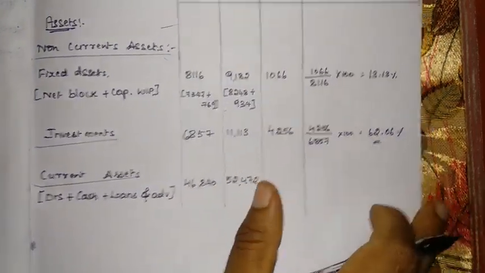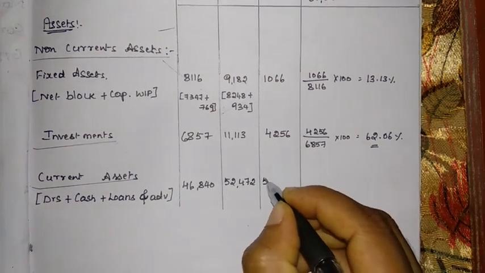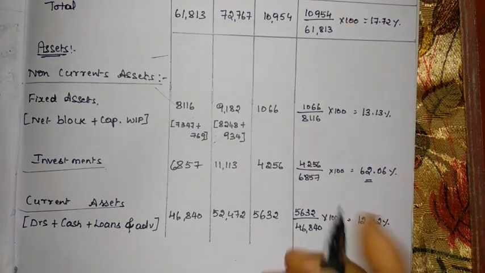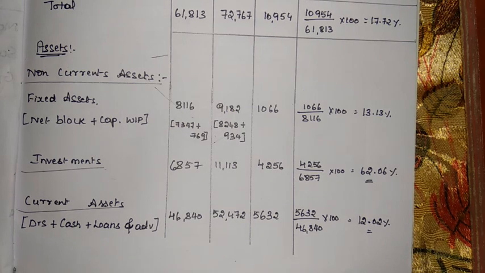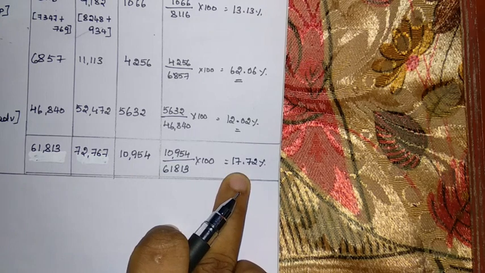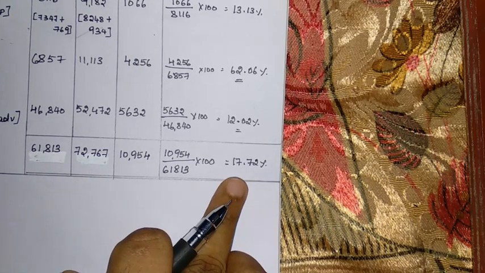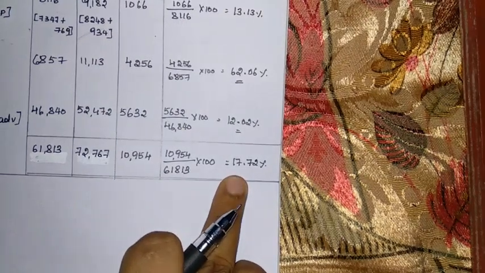So there is an increase by 5,632 and in percentage 12.02%. So now we'll make a total of assets. Total change in percentage is 17.72%. So from the base year to the current year, there is an increase in liabilities as well as assets by 17.72%.